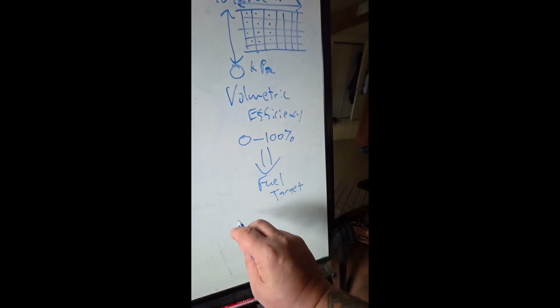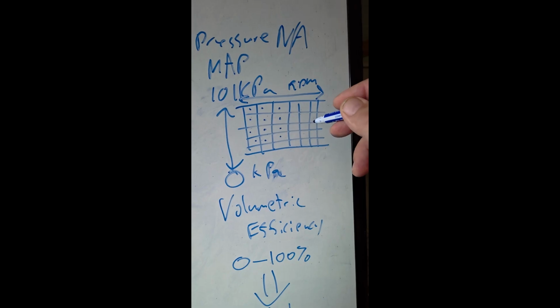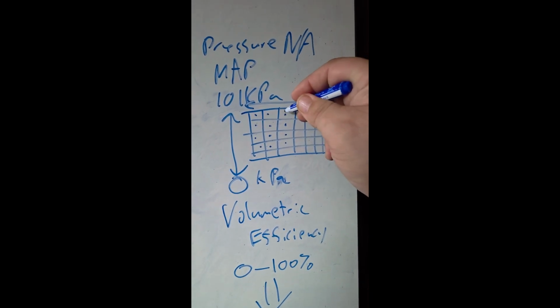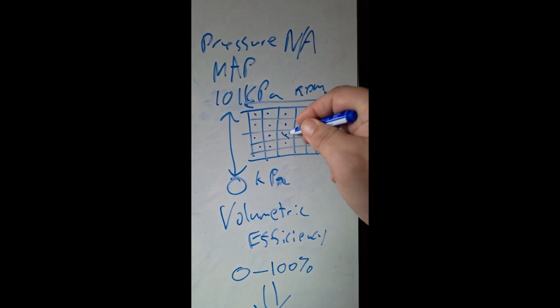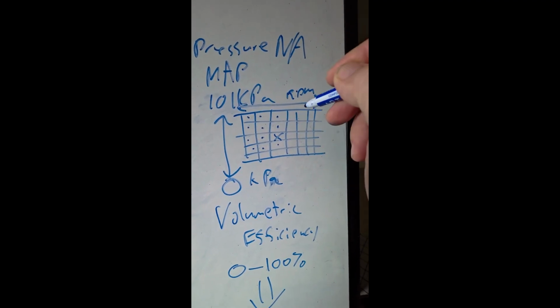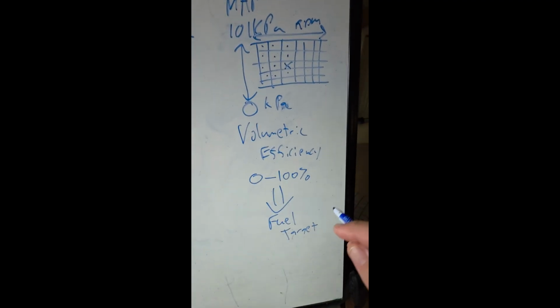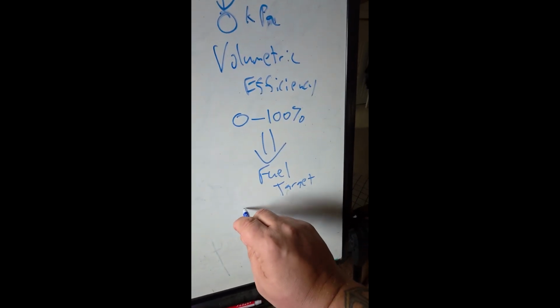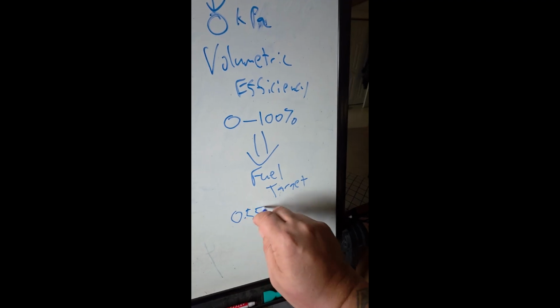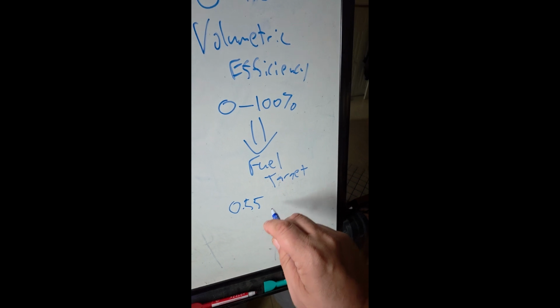So for example, I could be in a cell. Let's say I'm medium RPM, medium pressure. So I'm in here. And I know that in that cell, for tuning, I may say it is 0.55 for the VE, or 55%.